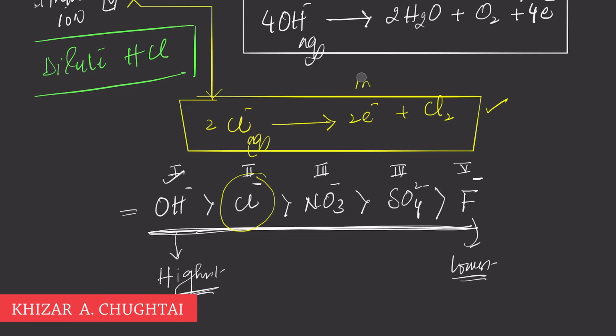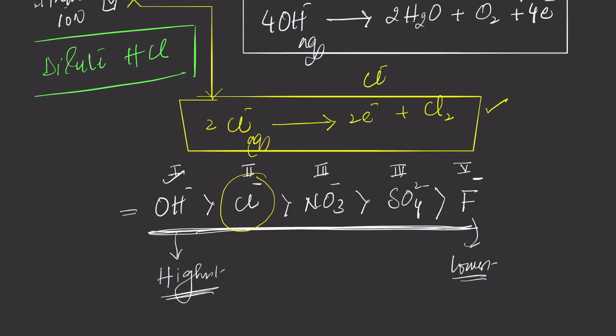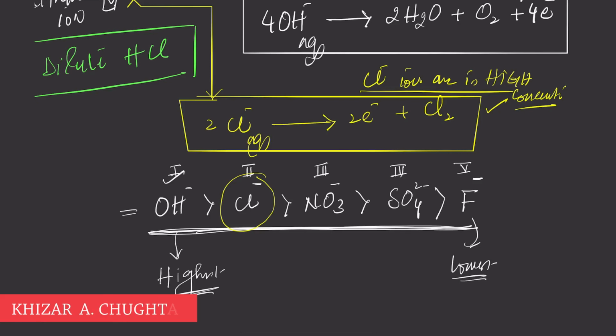When Cl- ions are in high concentration, then the Cl- ions will go and discharge, losing their electrons to make gaseous Cl2.